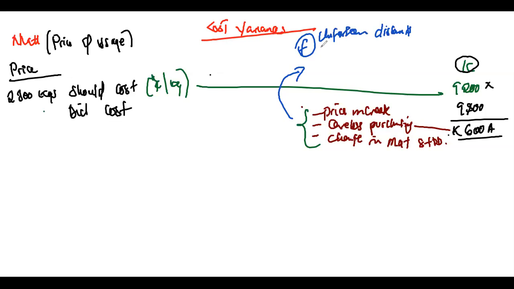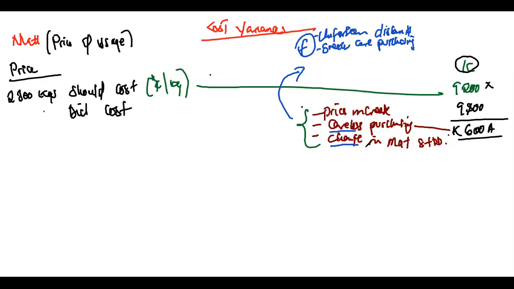Sometimes, instead of carelessness in purchasing, there could be great care in purchasing, if there's somebody who's responsible when purchasing materials. And the other reason could be a change in material standard.